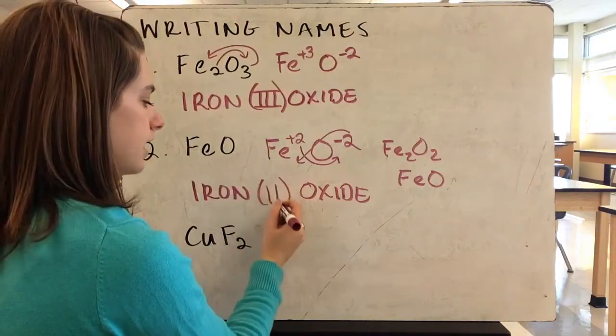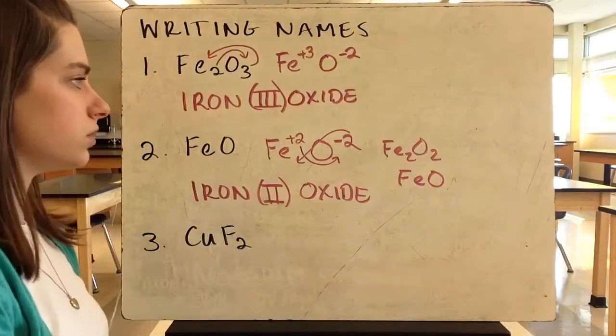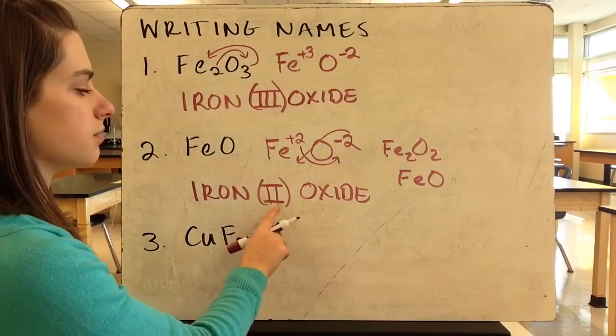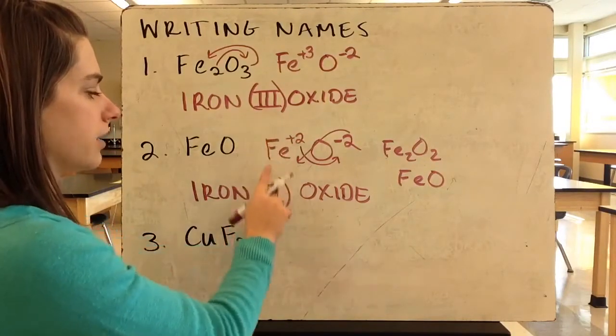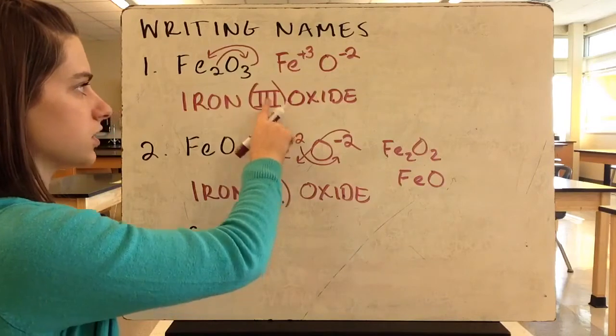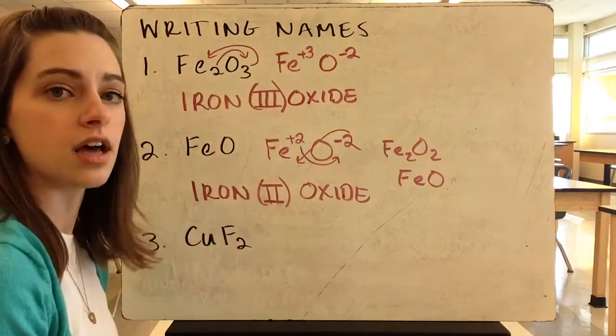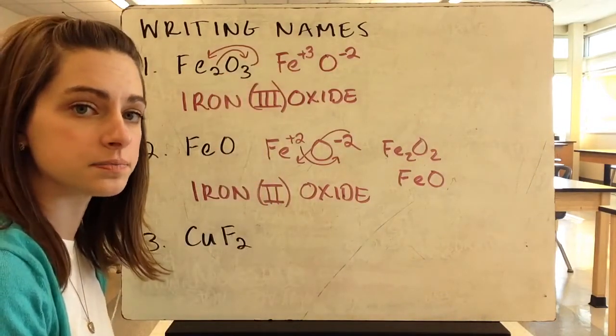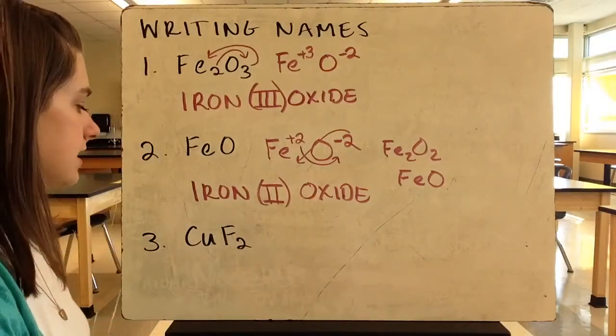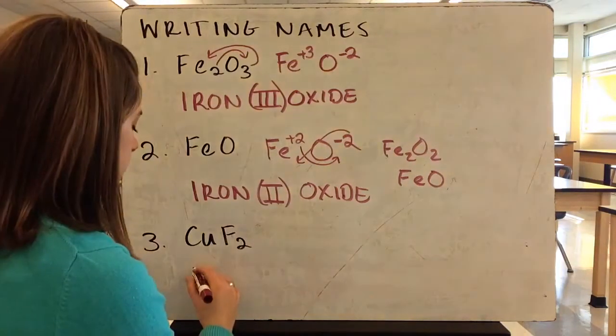So iron in this case has a charge of +2. Notice it is important to note whether the iron has a +2 charge or a +3 charge, because that makes a profound difference on the formula for the compound. Okay, let's look at our last example. So we have copper and we have fluorine.